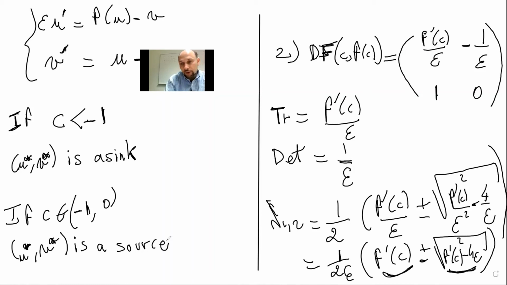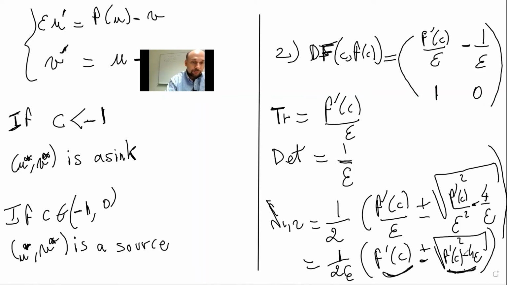And now I have to discriminate depending on the value of this quantity, right? So if this is positive, the eigenvalues will be real, a node, and if it's negative, the eigenvalues will be complex, so the stationary point will be a focus. All right.